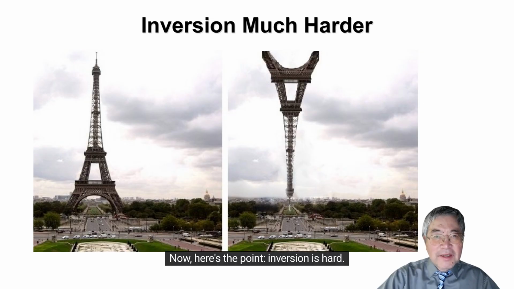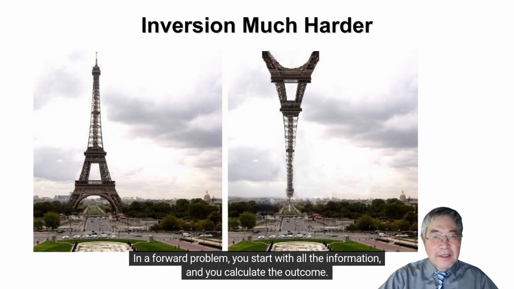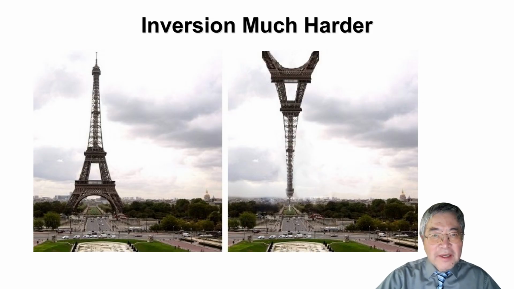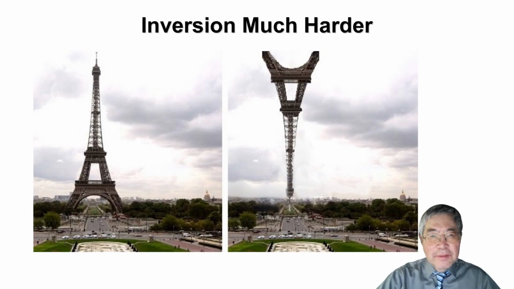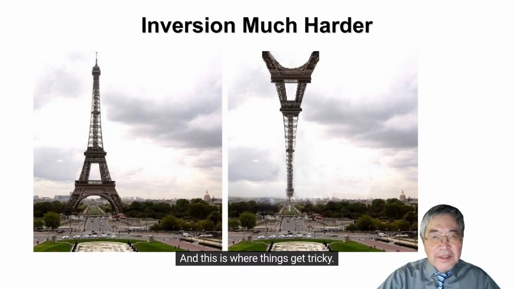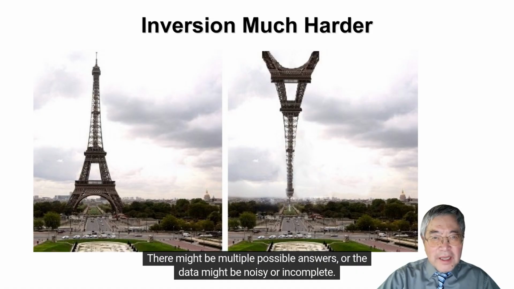Now here's the point. Inversion is hard, much harder than the forward process. In a forward problem, you start with all the information and you calculate the outcome. That's usually pretty straightforward. But an inverse problem is the opposite. You're starting with the outcome and trying to infer what caused it. And this is where things get tricky. There might be multiple possible answers, or the data might be noisy or incomplete.